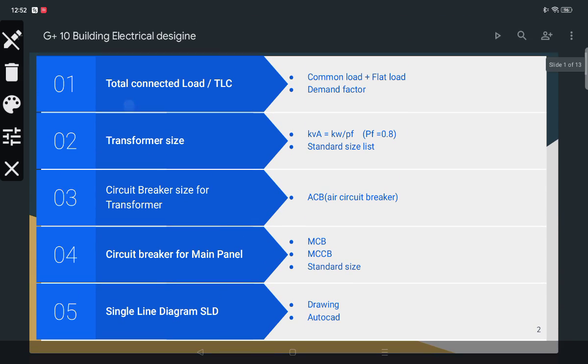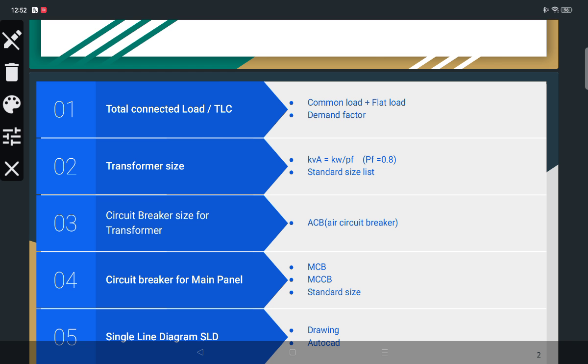A few things we need to know for a building. First, we need to calculate the load, the total connected load, TCL. So first we have to do the load calculations: what the common loads are, what the flat loads are, and what the demand factor is.